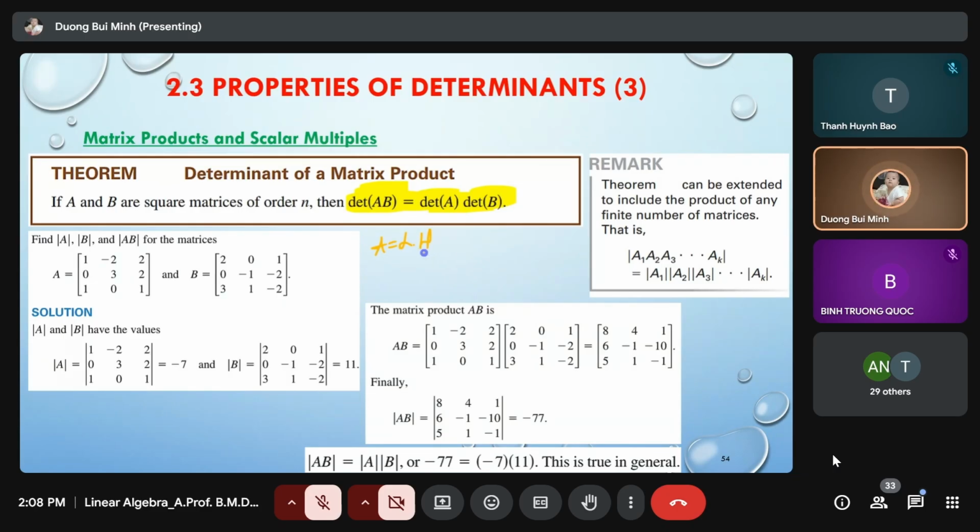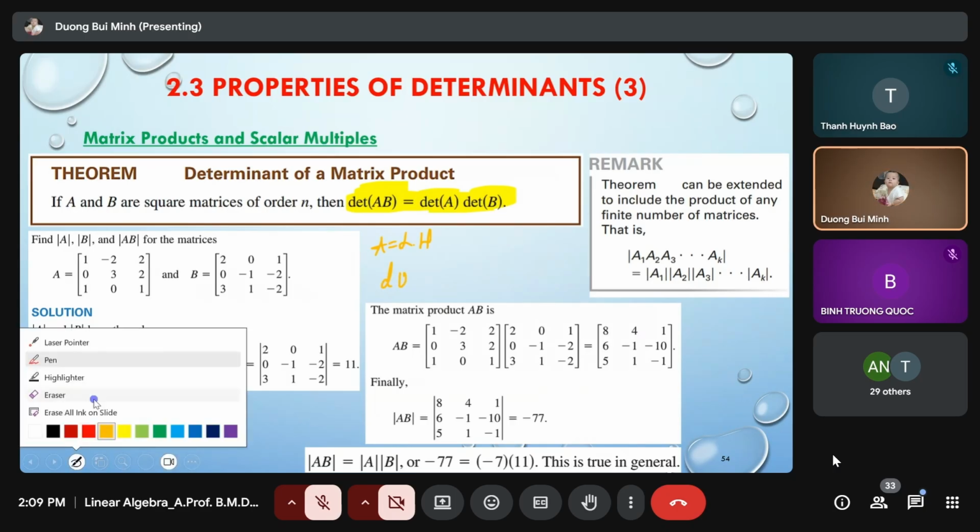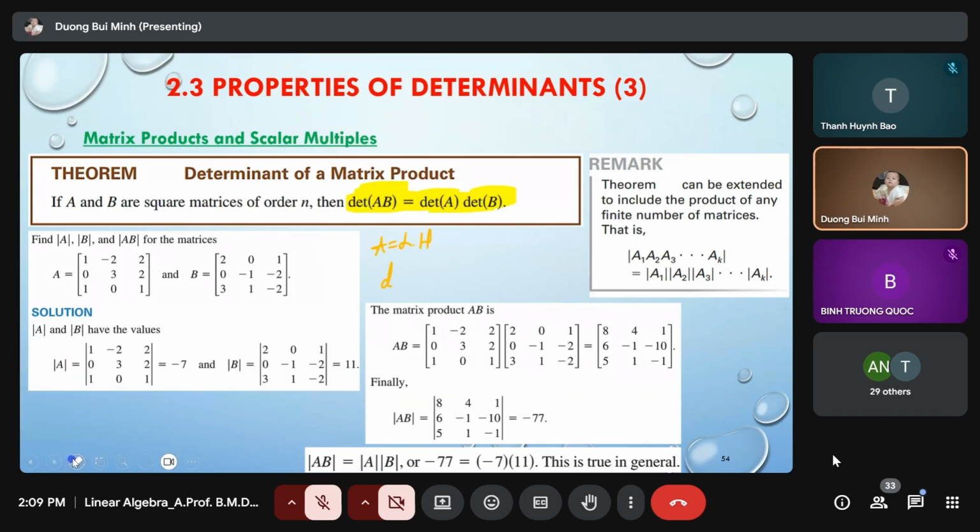LU factorization, right? If we have the determinant of L times the determinant of U, you can get the determinant of I.